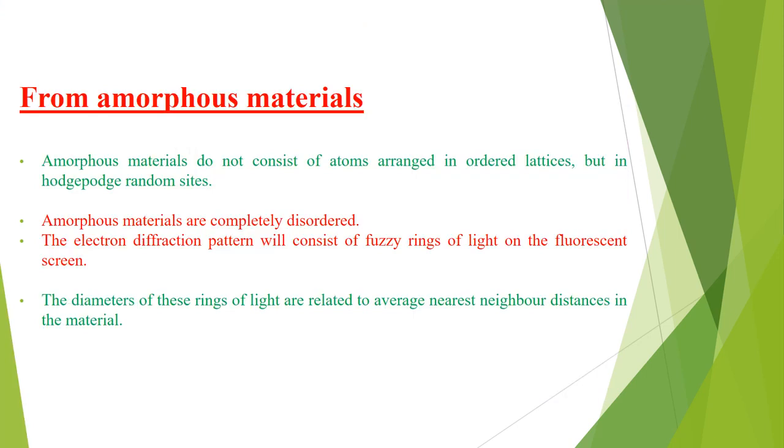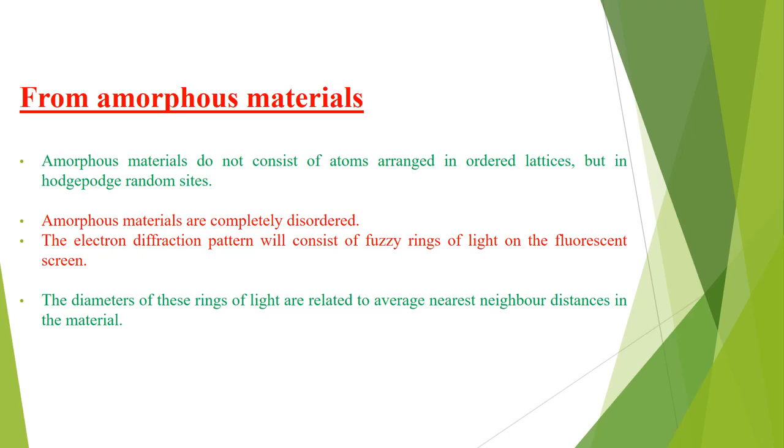Dear students, we were discussing our last technique, scanning electron microscopy, and when this technique is used for amorphous material, we know that amorphous material does not consist of atoms arranged in ordered lattices, but in random sites.